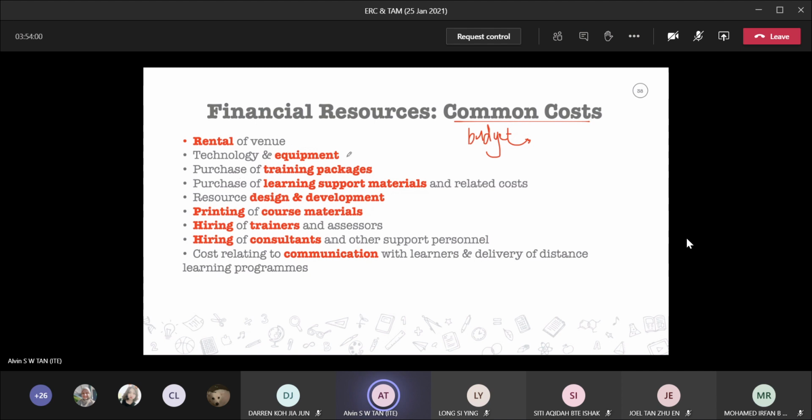So things like rental of equipment, rental of venue. Okay. Do you need to purchase any training package? Like, if you want to do virtual, do you need to purchase Zoom? Do you need to purchase Microsoft Teams? Or any other training requirement? Like you want to teach somebody Microsoft Word, you need to have Microsoft Word.